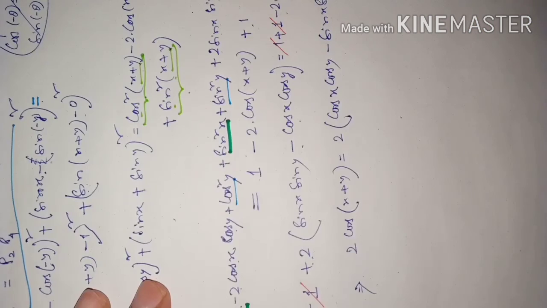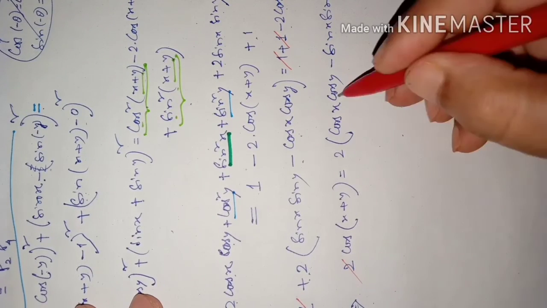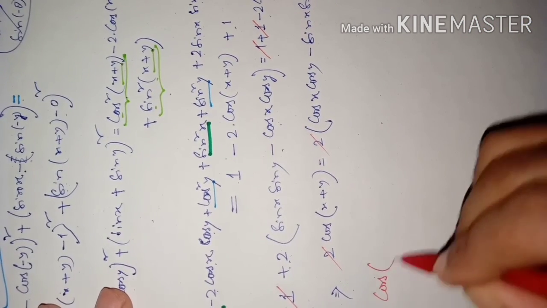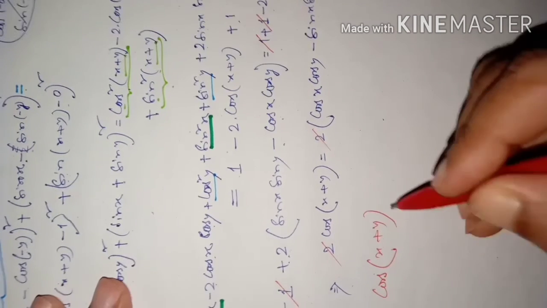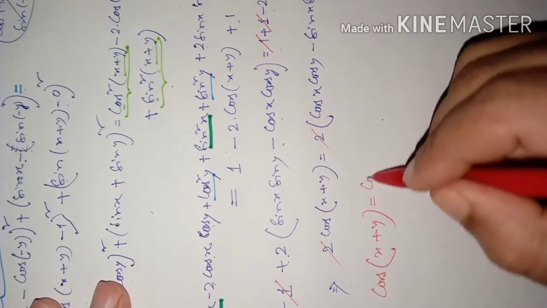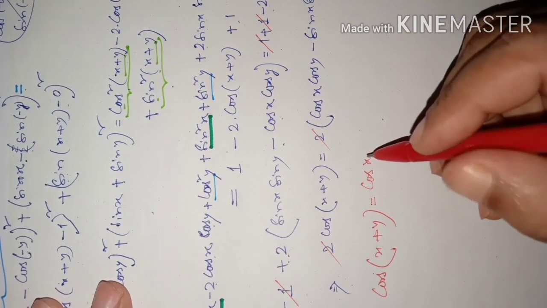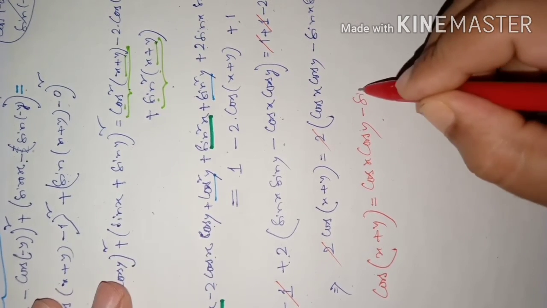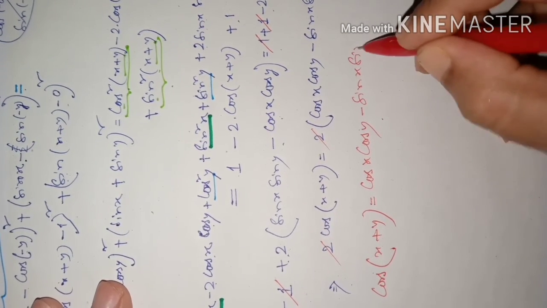So from both the sides, if 2 is cancelled, the final thing is just like this. Cos of x plus y is equal to cos x cos y minus sin x sin y.